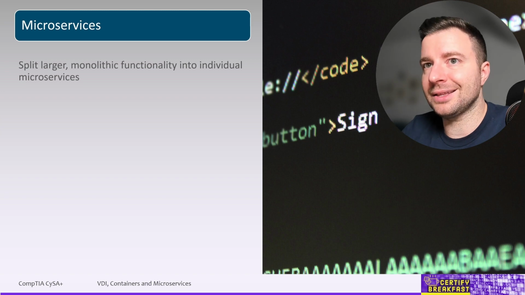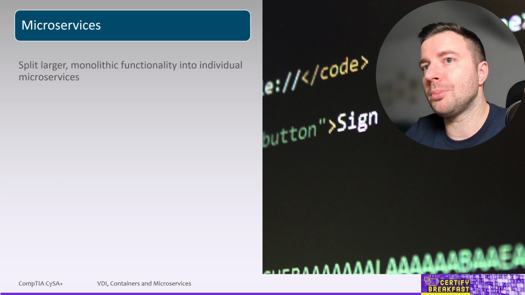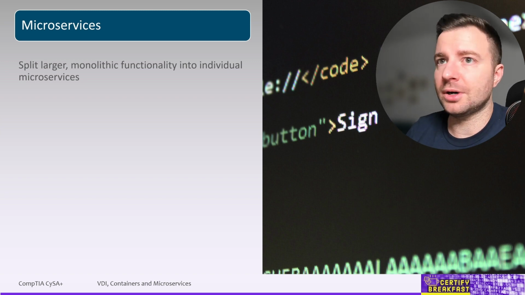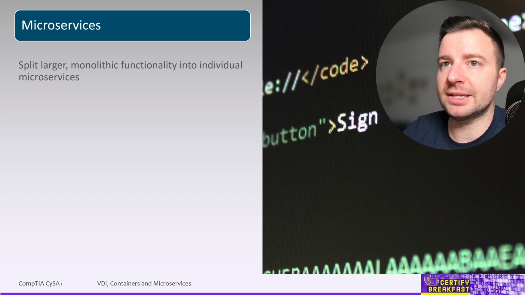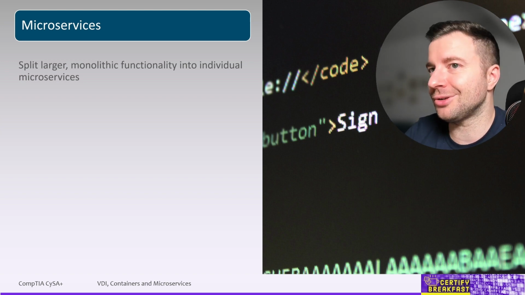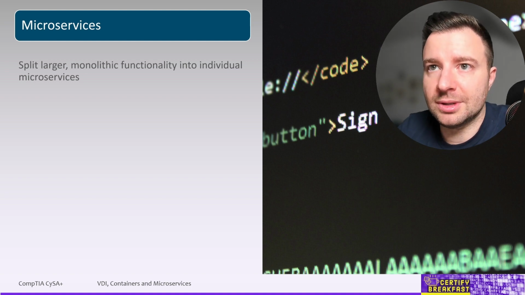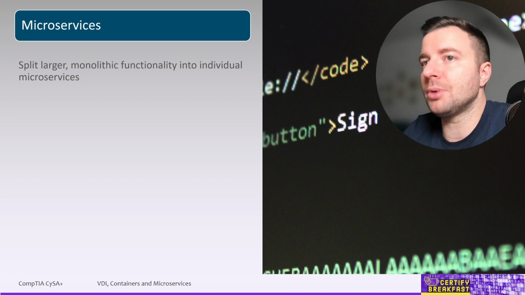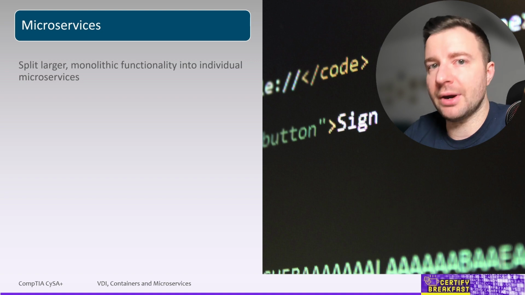And we've closely touched on the subject of microservices by talking about containers. We already said that SOA, service-oriented architectures, allows us to map an IT architecture to business processes. Now, microservices are very similar to the SOA approach because they also involve splitting larger functionality into a bunch of smaller interacting subservices. But the reason that we're doing this is because it's easier to combine these microservices. We don't need to know how they work. We just need to know that they do one job and they do it very well.